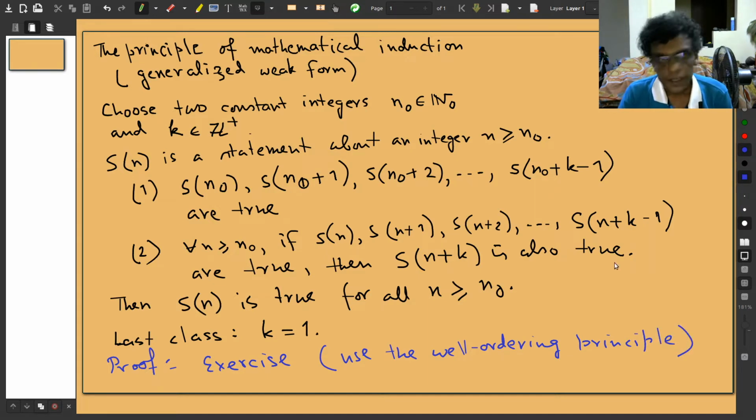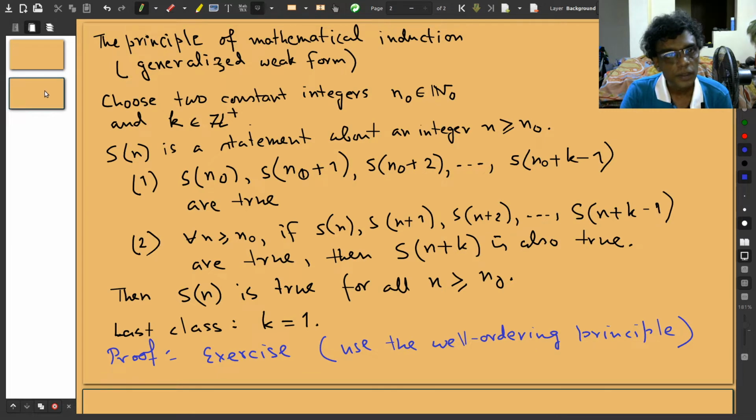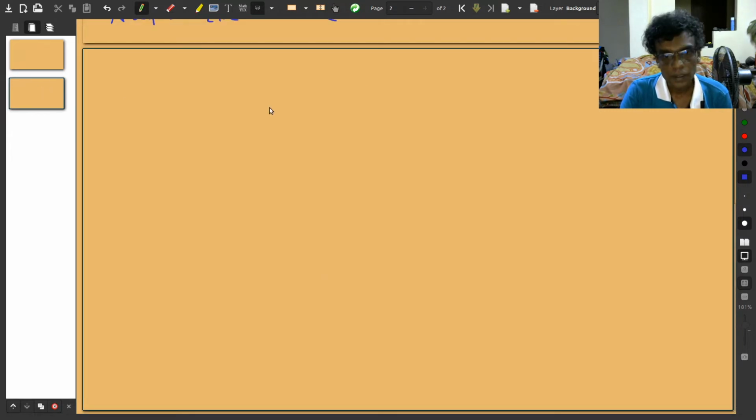So I leave that to you. Let us assume it and see some applications of this generalized induction. Okay, so I start with example 1.